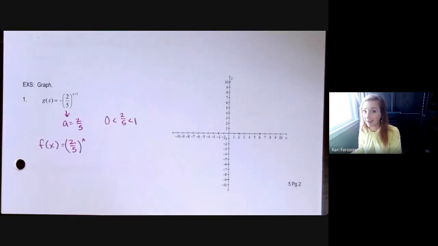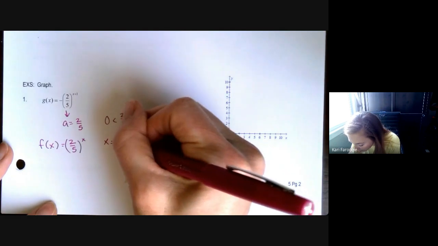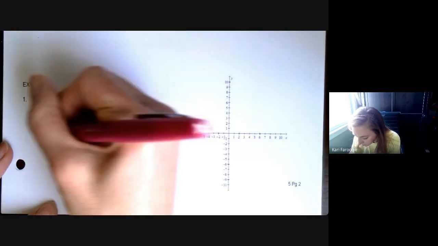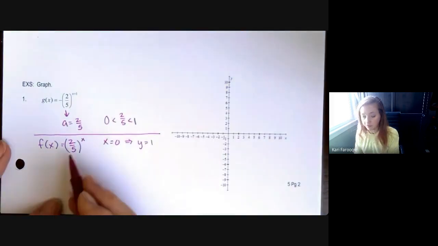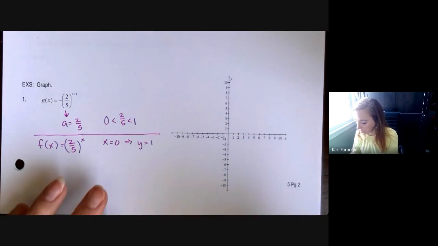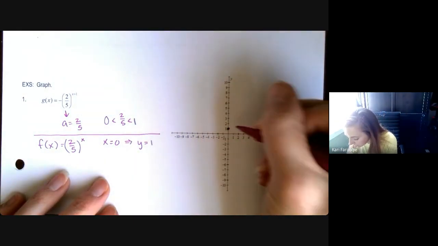Let's say we let x be 0. Well, (2/5) to the 0 is 1. If you don't believe me, put it into your calculator. So if x is 0, y is 1, that gives us a point on the function f.